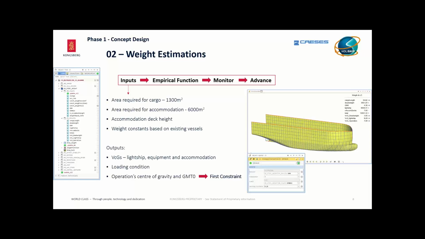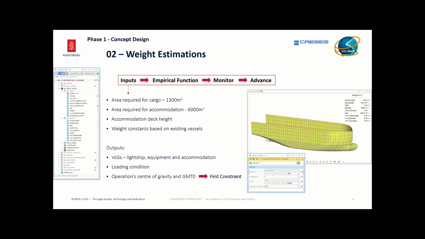For this vessel, we had a required cargo deck area of 1,300 meters squared and 6,000 for accommodation. So we set up parameters that will create as many levels of accommodation as we need until we fulfill 1,300 and 6,000, independent of vessel length, width, and beam.